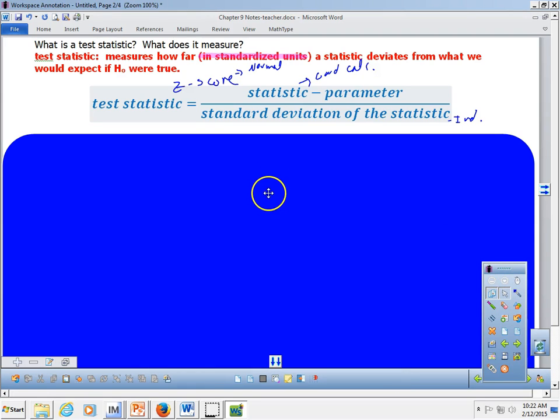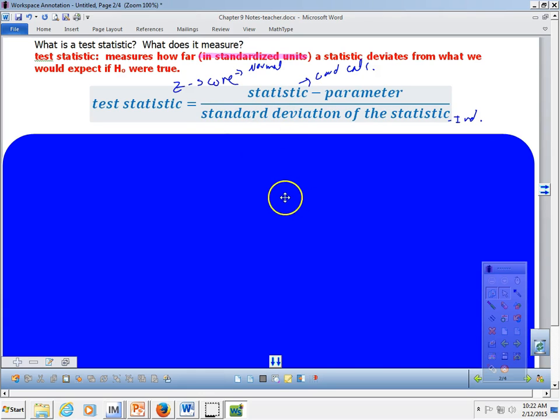And in a test, we're trying to figure out, assuming that the parameter is what is claimed to be, or assuming that the parameter is not different for one population than it is for another, how likely is it that we would get our sample statistic?